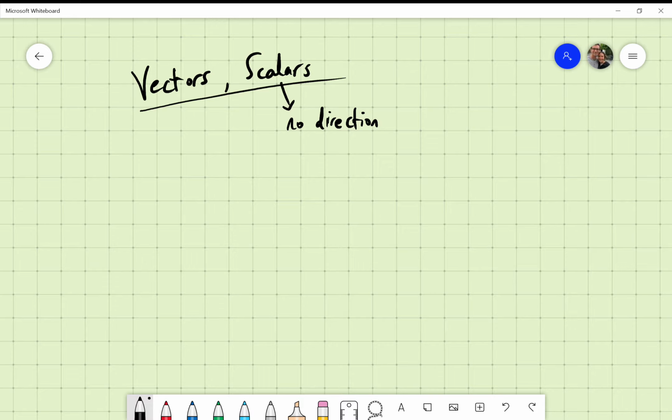So when we talk about scalars, we're talking about things like temperature. Okay. Here's a little test for you. What was temperature measured in the SI units? It was capital K for Kelvin.